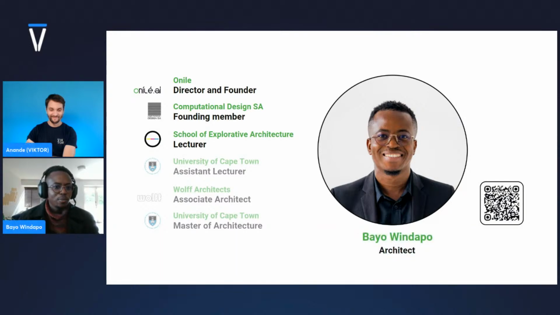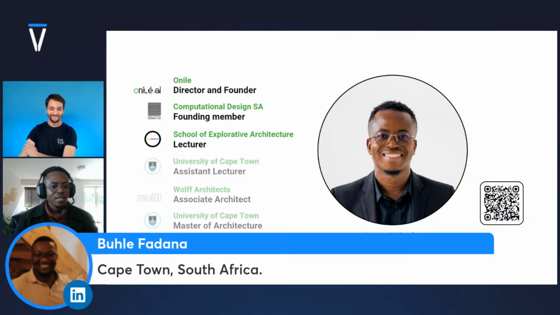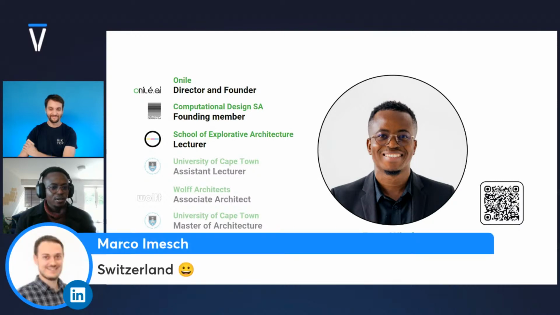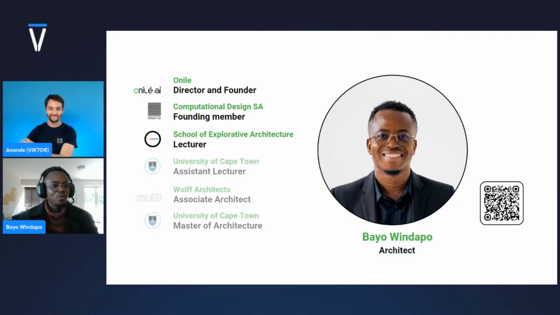Just a little bit more about myself. I studied architecture here in Cape Town at the University of Cape Town, got my master's degree, and worked as an architect at Wolf Architects here in Cape Town as well, getting up to the position of associate. I've lectured as an assistant lecturer at the University of Cape Town, and I'm currently a lecturer at the School of Explorative Architecture. I'm also part of a group of computational designers here in Cape Town, Computational Design SA.